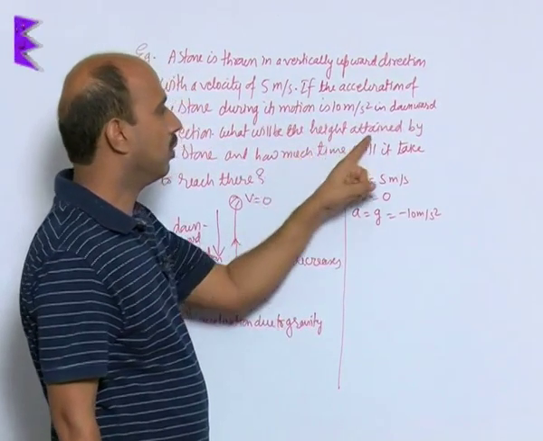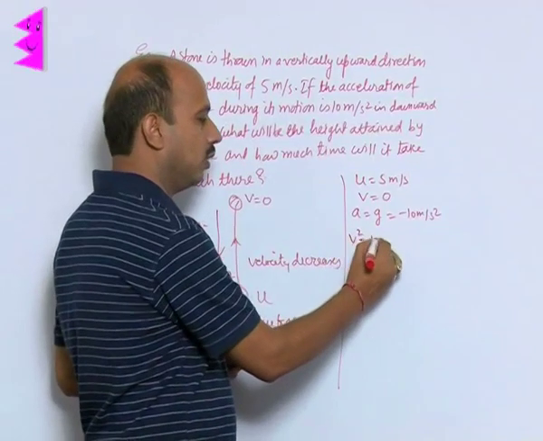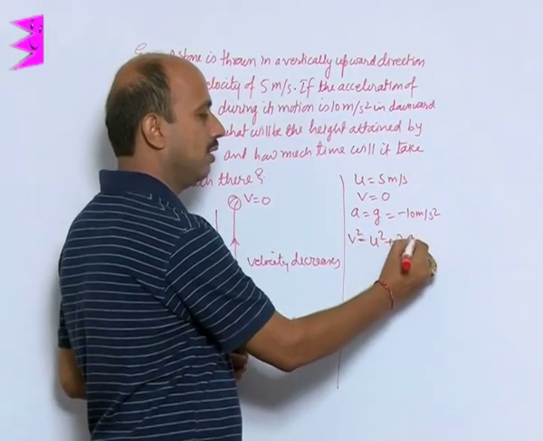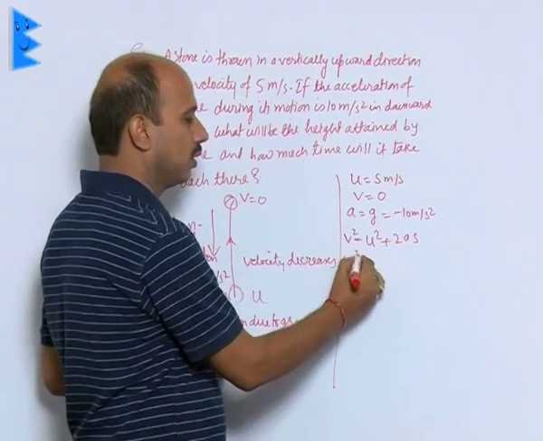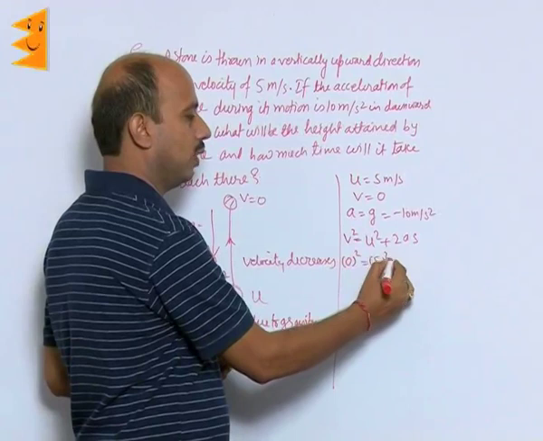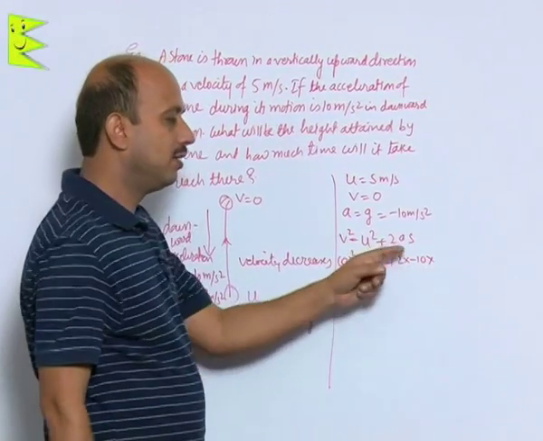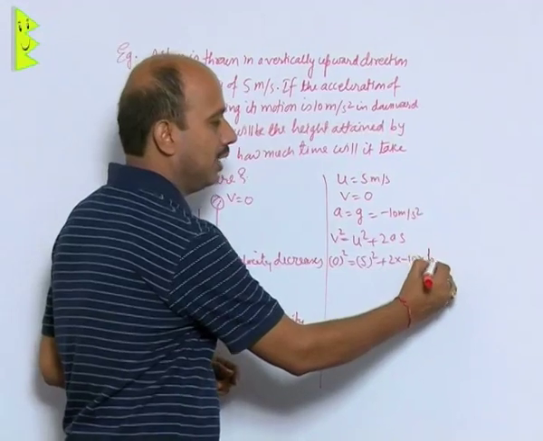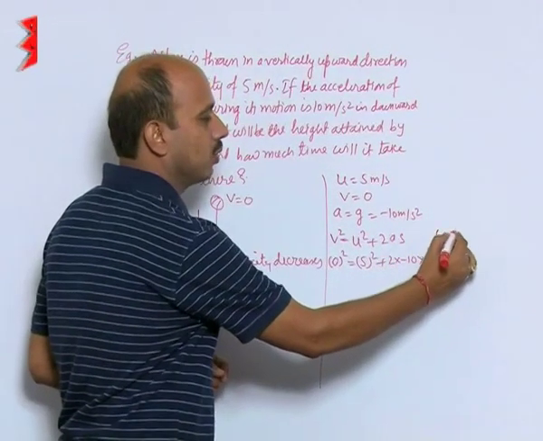Now first we have to calculate height attained. See here, v square is equal to u square plus 2as. We can replace all these values here, 0, here 5 square plus 2 into minus 10 into s, which we can replace by height h. So here I have written s is equal to h.